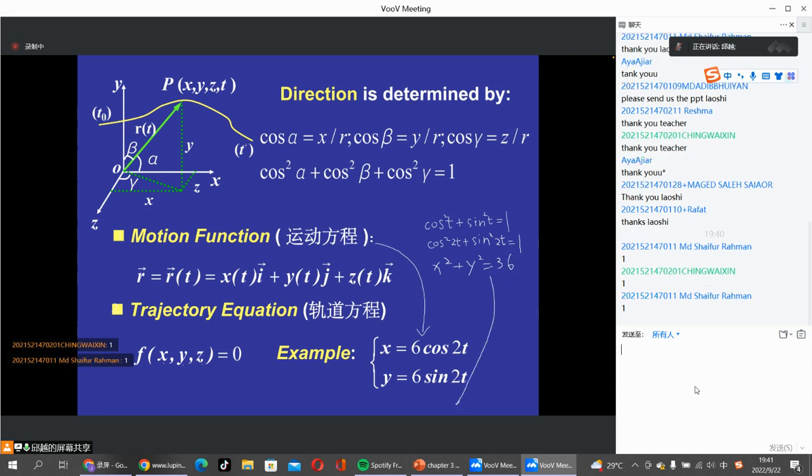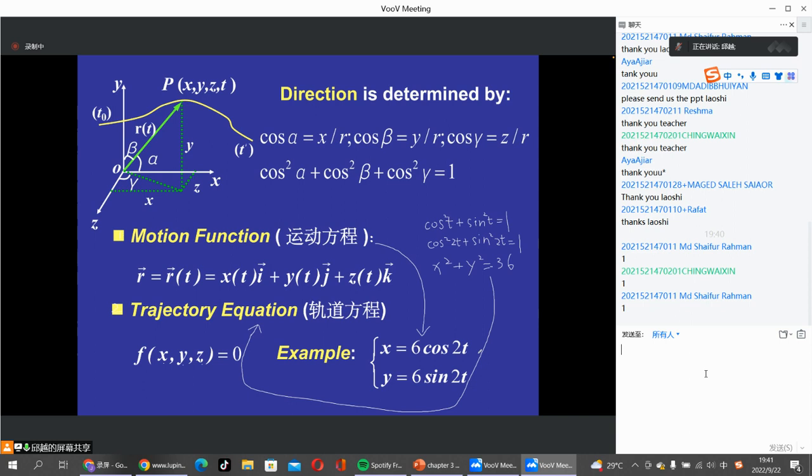And this is the trajectory equation for this motion. And then, as we can see, the trajectory equation for this motion is x squared plus y squared equals 36.